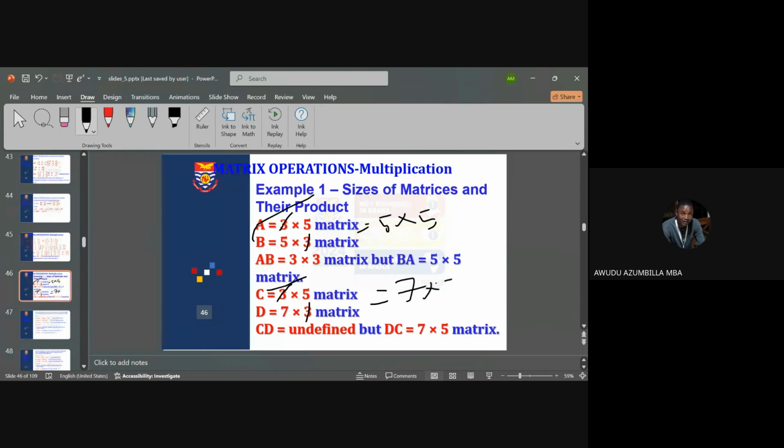But if you are going to multiply B by A, you are going to get 3 by 3. Because B by A, the 5 here will cancel the 5 here, and you have 3 by 3.